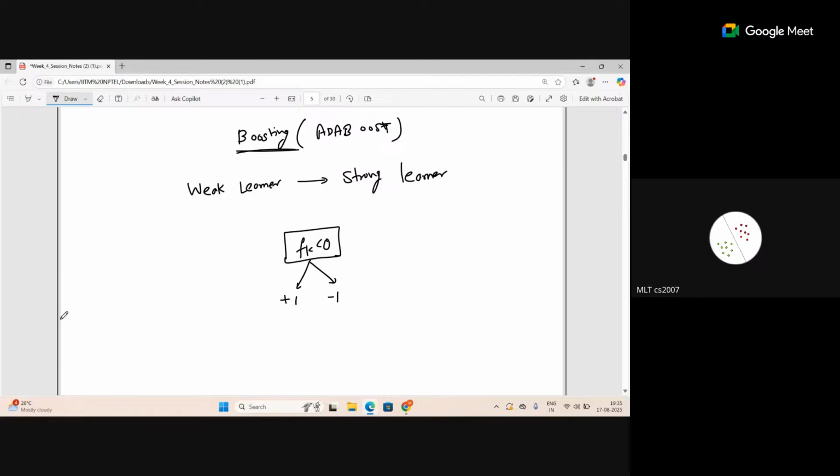What do you think will happen here? It will overfit or underfit?